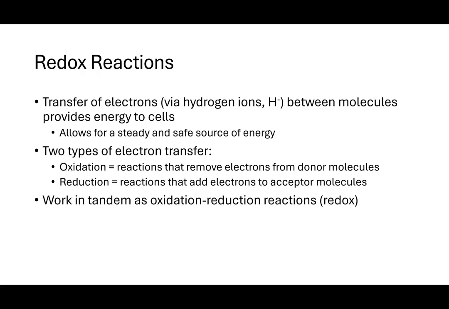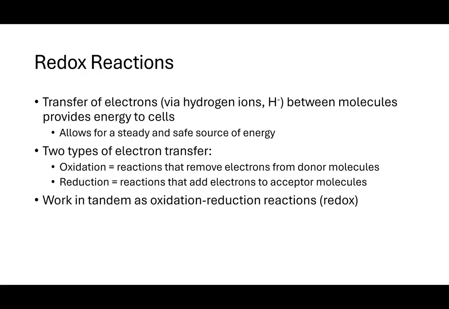Now, this makes a very steady and safe source of energy, because if any living organism, bacteria, us, anything, is going to take all of the nutrients that they get, feed it into some sort of catabolic reaction, and try to extract all of the energy all at once, it would be incredibly dangerous and would most likely kill that organism, because it would be such an immense amount of energy produced. And in our case, it would also mean a ton of heat. And our body can only handle so much heat, which is why fevers can be really dangerous.